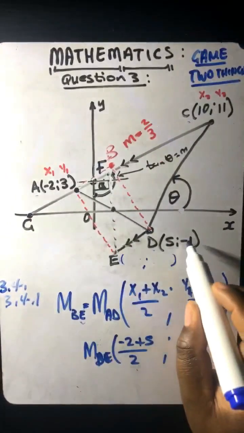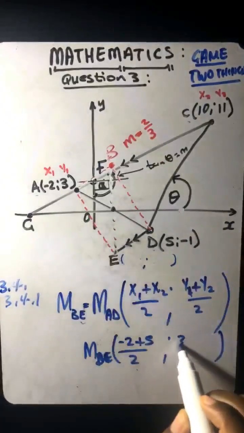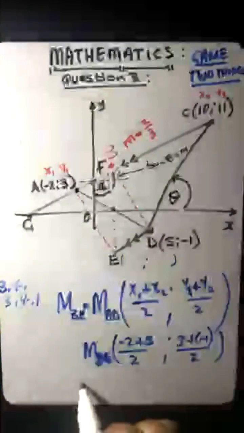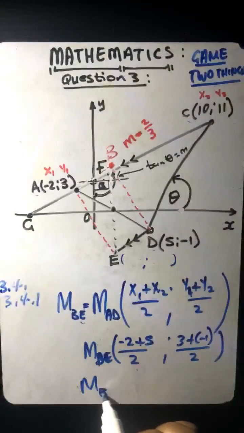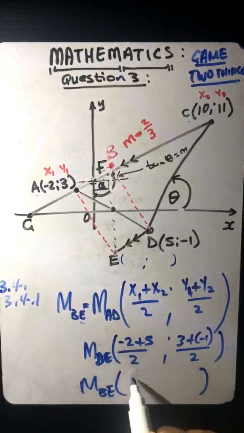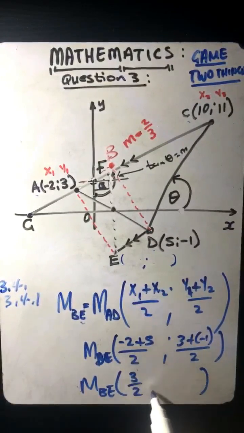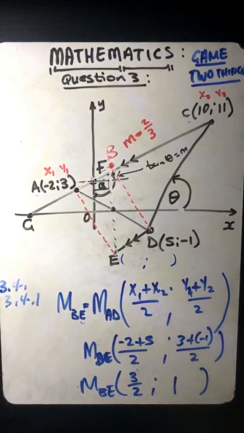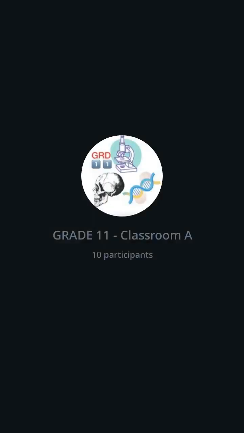What about y? It is 3, y1 plus that one is -1, and then you divide by 2. So the midpoint of BE is finally 3 over 2 and 1. Yes, this is it. I'm not sure if it makes sense to everyone, or does it make sense to me alone?